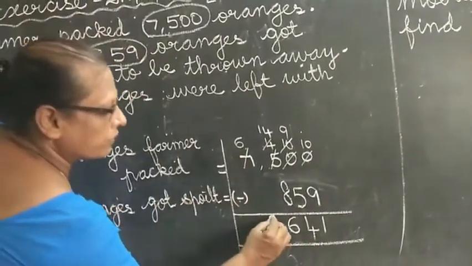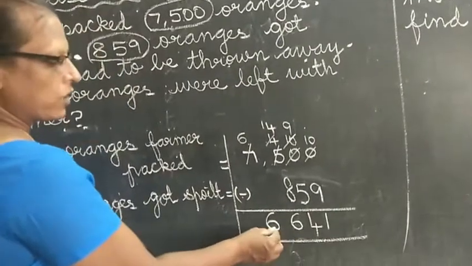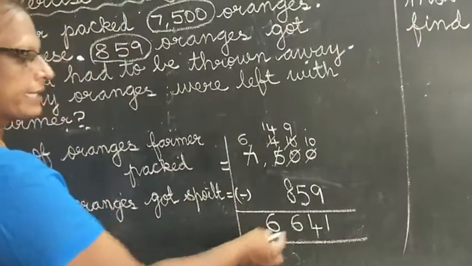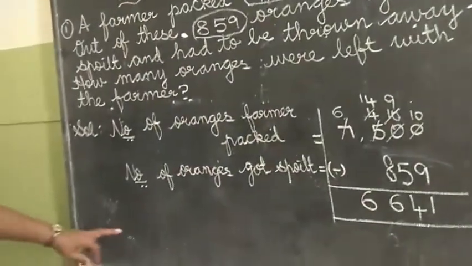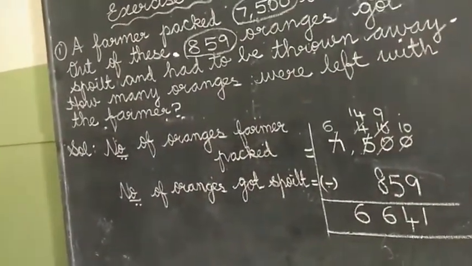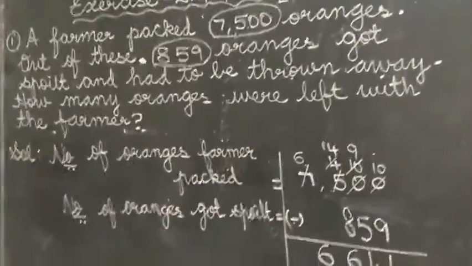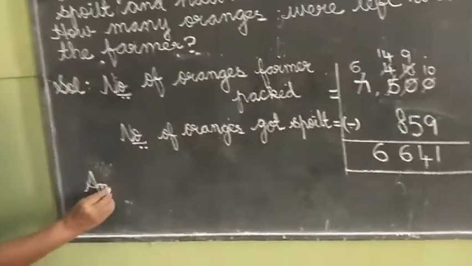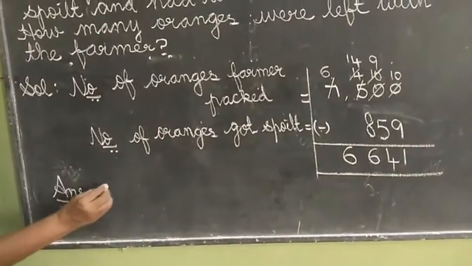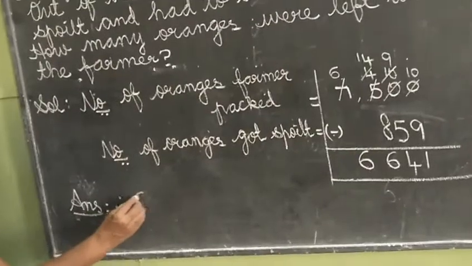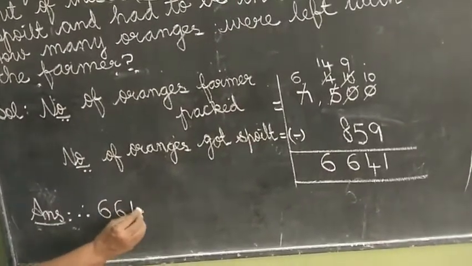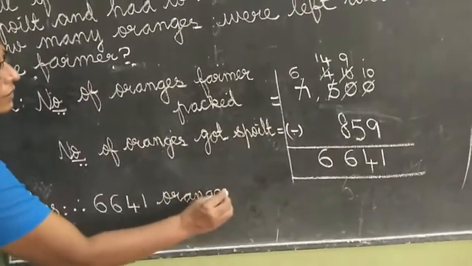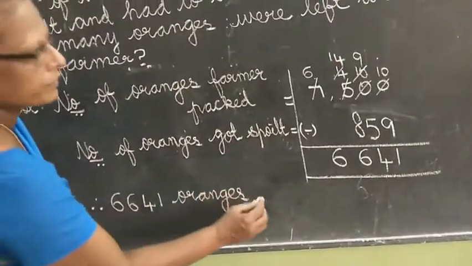Here no number. So what's the answer children? 6,641. So we will write the answer. You have to write like this: Therefore, 6,641 oranges were left with the farmer.